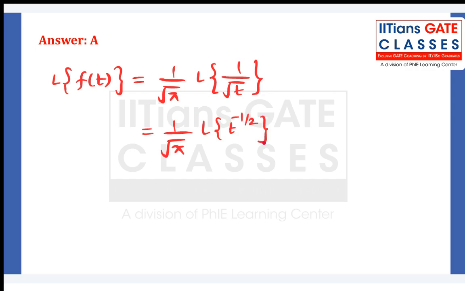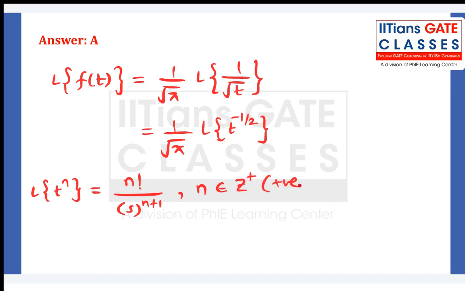Here also I had given a couple of standard results in regular classes. The Laplace transform of any t power n function is given in two ways. One is n factorial by s power n plus 1, but here the condition is that n has to be a positive integer, because factorials are defined for integer values.